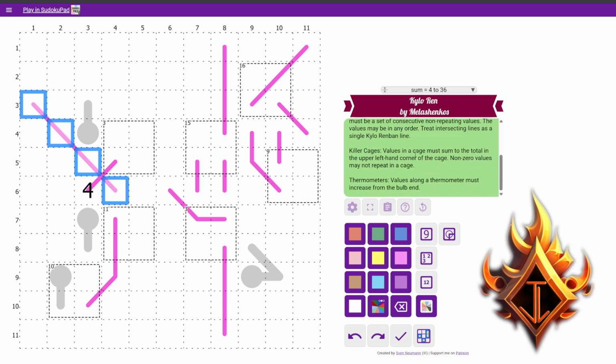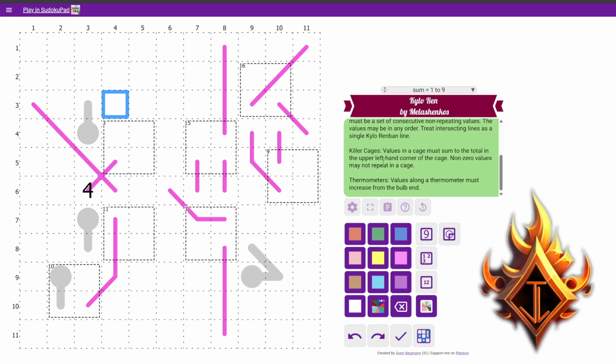Killer cages. Values in a cage must sum to the total in the upper left-hand corner of the cage. Oh, that has 3, so that will definitely have at least one 0 in it. Probably 2, actually. Non-zero values may not repeat in a cage.